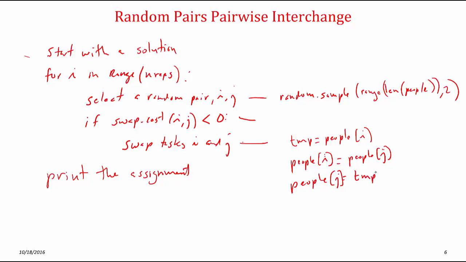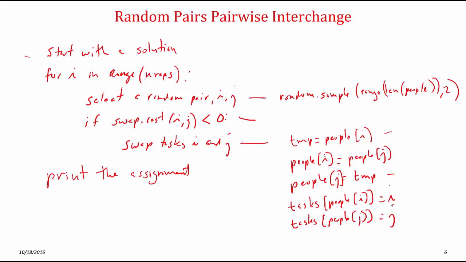So we're storing in a temporary variable the current value of people I, then we're overriding the current value of people I with the value of people j, and then we're using that temporary variable so that we can actually make the swap. Next we would do tasks. So we would do tasks people I is equal to I, and tasks people j is equal to j.